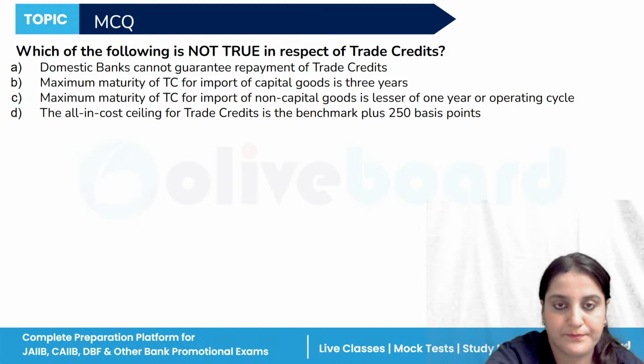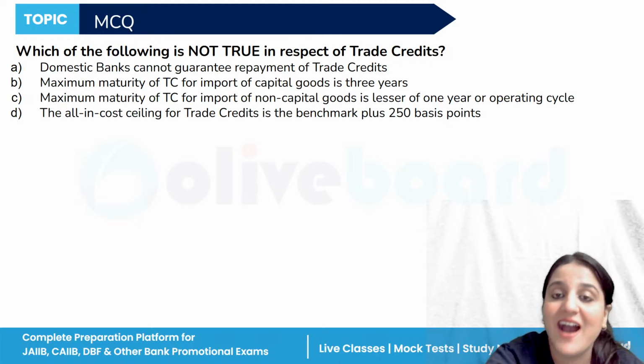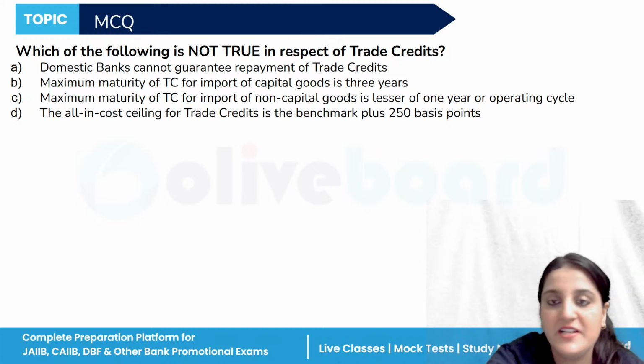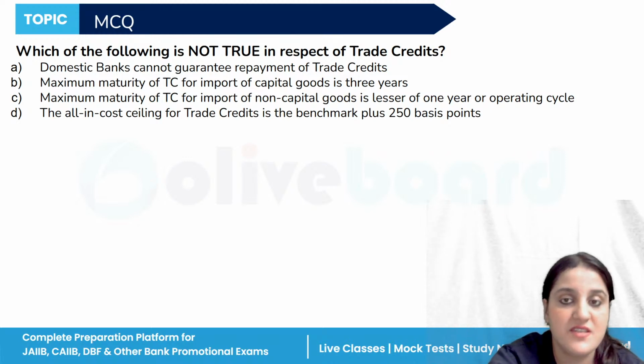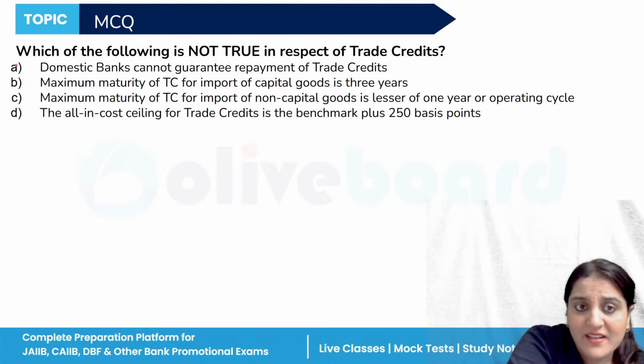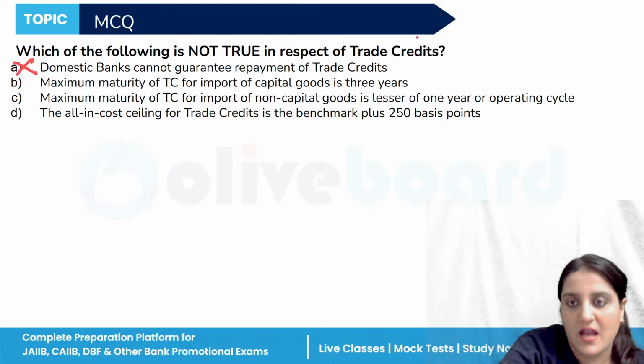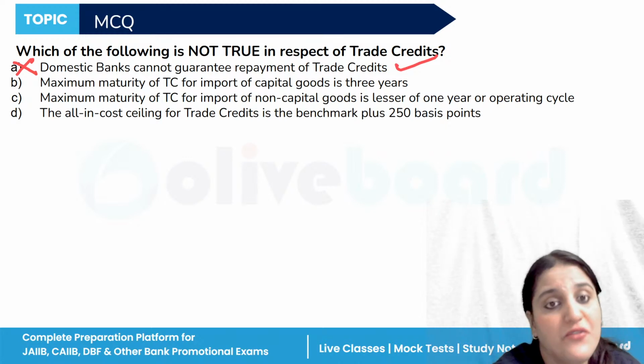Here we can say domestic banks cannot guarantee repayment of trade credits. This statement is not true, so this statement is the answer. Why? What is the meaning of trade credits?